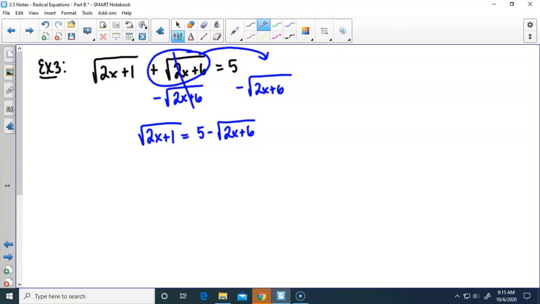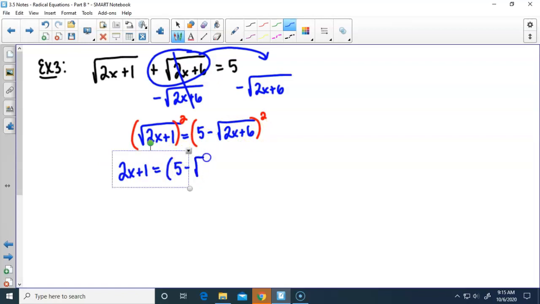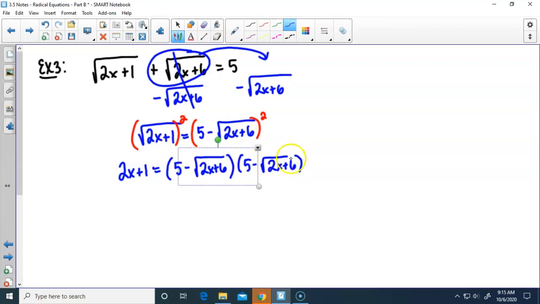So at this point, it looks like the last problem that we did. So we're just going to square both sides of our equation here. And we're going to get 2x plus 1. But over here on the right-hand side, that is our difficult side. So 2x plus 6. And then 5 minus the square root of 2x plus 6. We're going to have to distribute here.